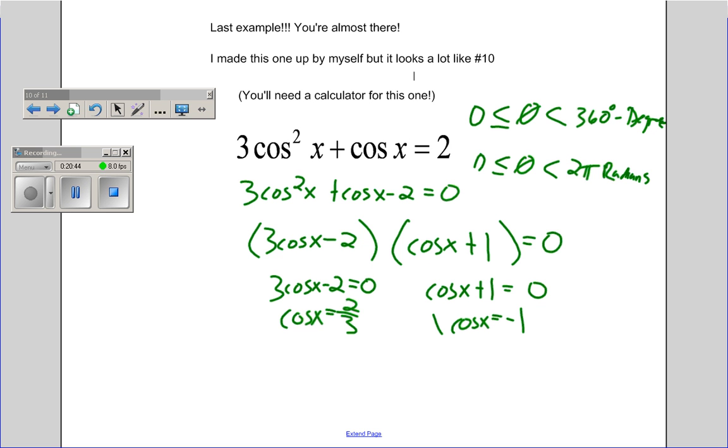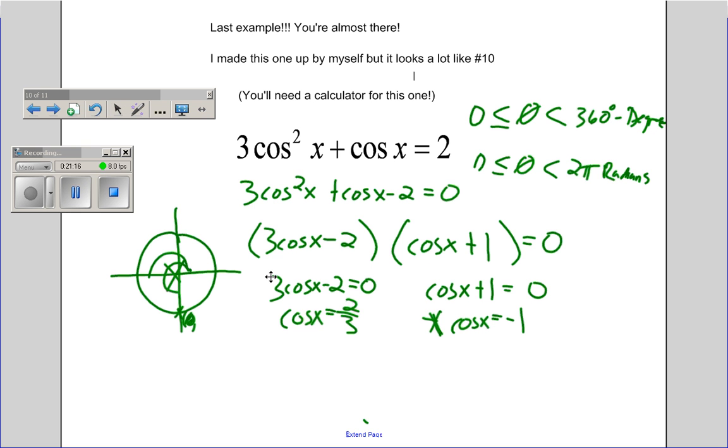Now this one here I can do with a special right triangle, or my quadrantal angles from my circle. Cosine of -1, the only time that happens is down here at 270 degrees, right? Or sorry, not 270. Sorry, it's actually going to be 180 degrees.